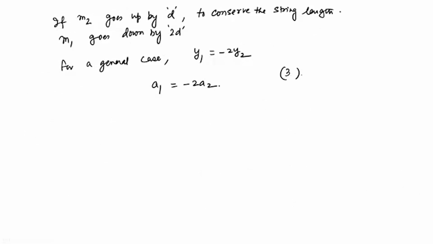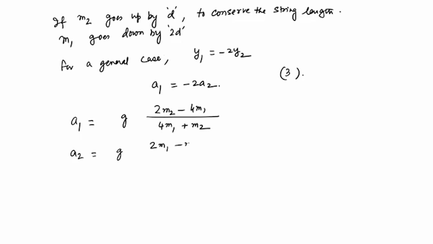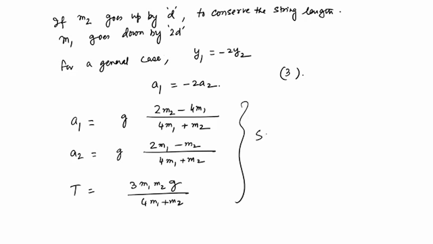This is how the accelerations are related, and now one can easily solve for these equations to get a1 equal to g times (2 m2 minus 4 m1) divided by (4 m1 plus m2), and a2 is equal to g times (2 m1 minus m2) divided by (4 m1 plus m2), and T is equal to 3 m1 m2 g divided by (4 m1 plus m2), and these are the solutions of the problem.